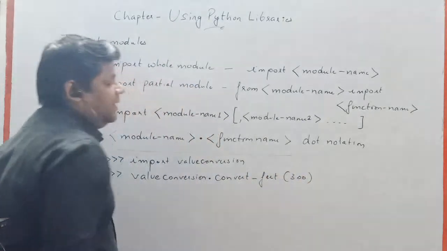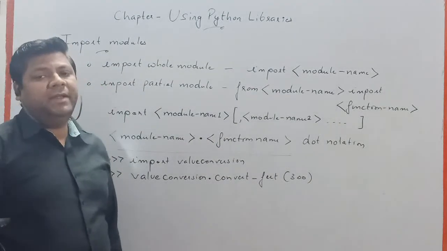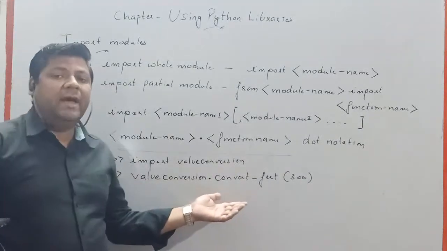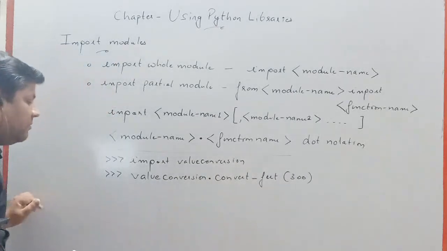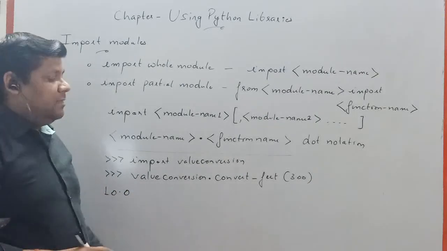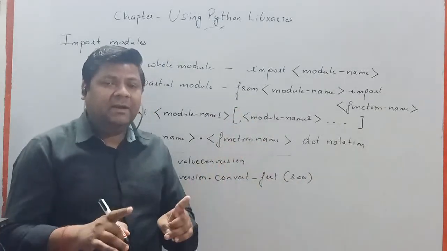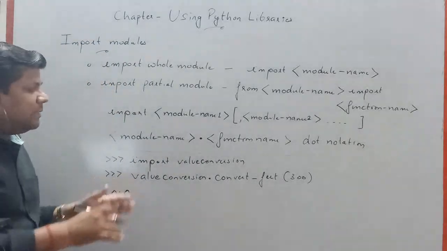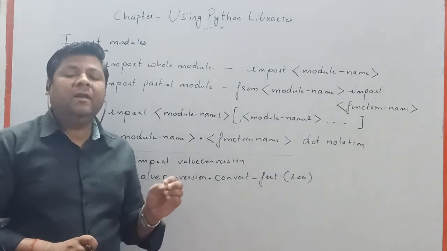Remember there is a formal argument, so we also have to pass the argument here. Arguments are necessary if formal arguments are present. This is how we could access a function of a module. We will get 10.0 because the value of x will be 300 there. 300 divided by 30, so the result will be 10.0.